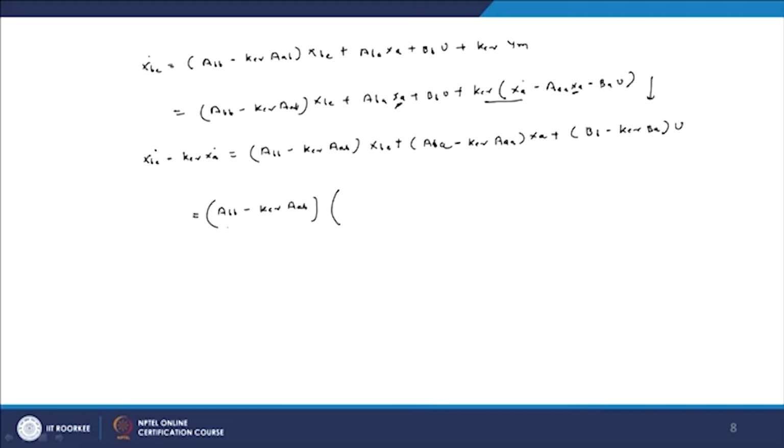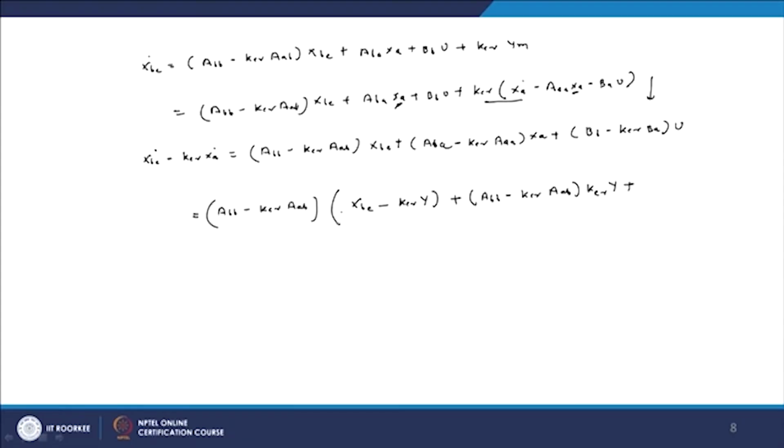So, what we have done, ABB minus KER into AB multiplied by XBE minus KER into Y plus ABB minus KER into AB multiplied by KER plus Y. That means here ABB minus KER into AB into XB.